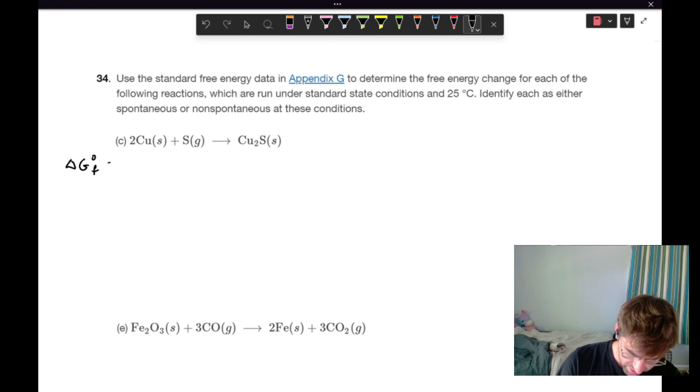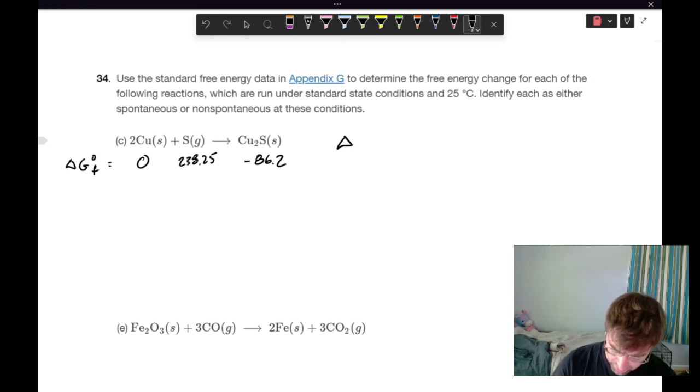So our standard Gibbs free energy of formation for copper is 0, for sulfur is 238.25, and for copper sulfide is negative 86.2.